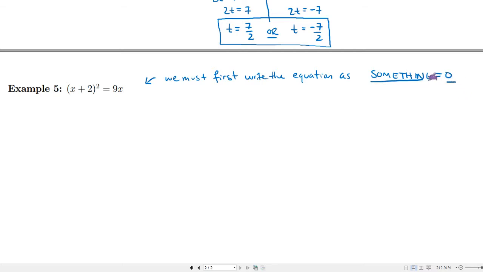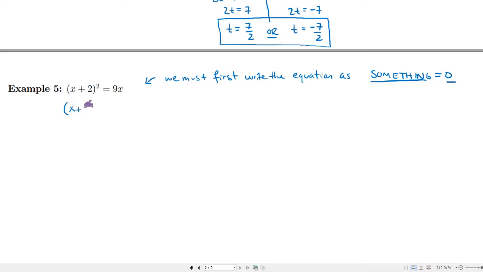And once we have this something, whatever that may be, some algebraic expression, equals 0, then we can proceed to factor it. But right now we have a factorization that is equal to 9x, and that's not 0, so we can't do anything with this. We need to first have an expression equal to 0. So how do we make this side equal to 0? Well, we could subtract over the 9x.